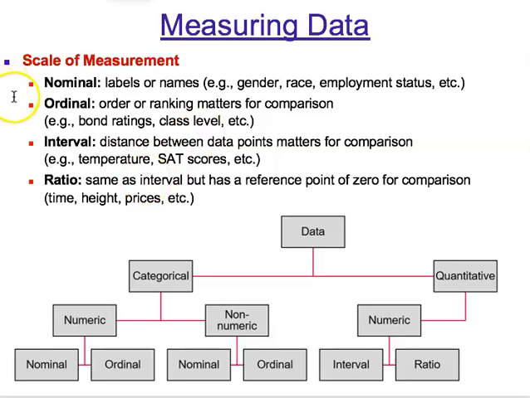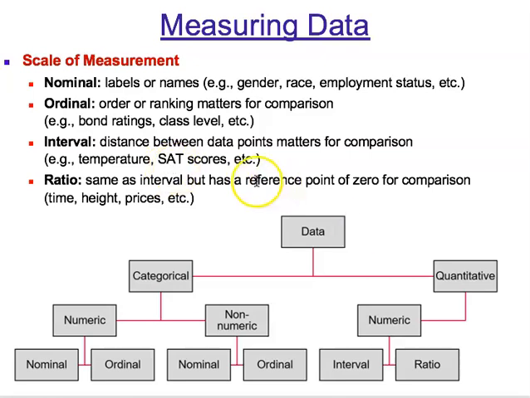The difference lies in what we can do mathematically. With interval data, we can't multiply and divide for comparison purposes. For example, comparing 50 degrees Fahrenheit to 100 degrees Fahrenheit, you can't say that it's twice as hot at 100 than 50.